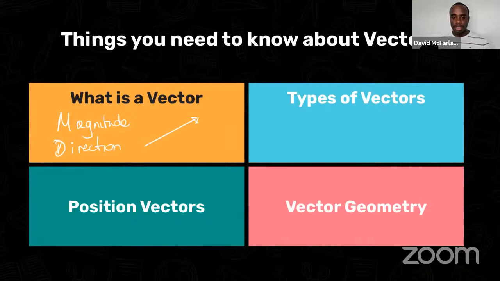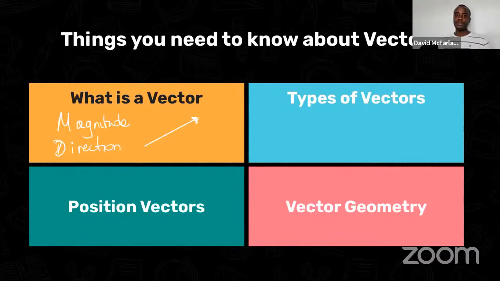Anything that has a size and can tell you where it's moving to, that is what we call a vector. For example, velocity is a vector because it has a speed, like it tells you that it's moving at 80 kilometers per hour, and then it will tell you where, like east or west and so on.